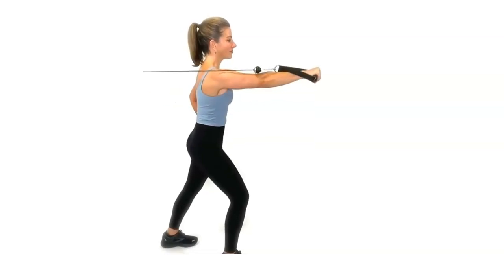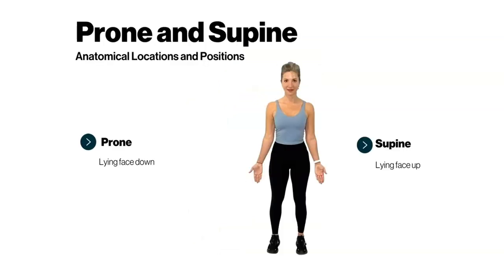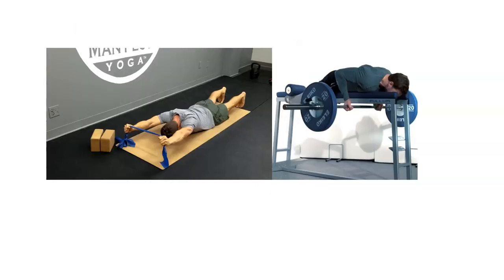If you said unilateral, you are correct. Other terms like prone refer to lying face down, whereas supine means lying face up. We present on the screen some examples of strength exercises in the prone position.